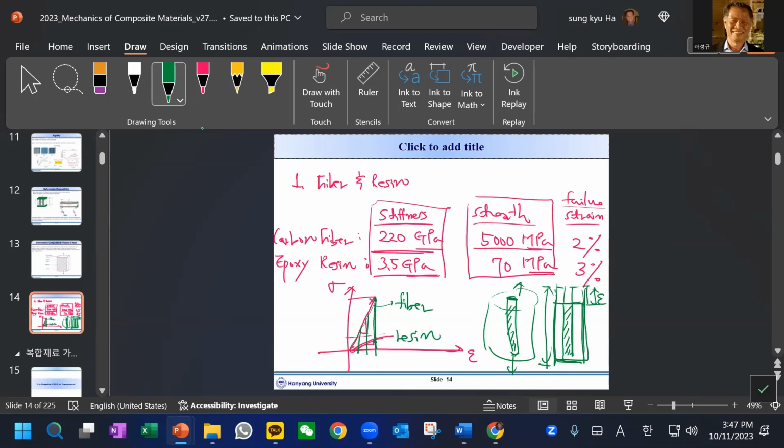And each material will have an internal resistance or some load carrying curve. So importantly, no matter how much the level, the strain is always the same amount.